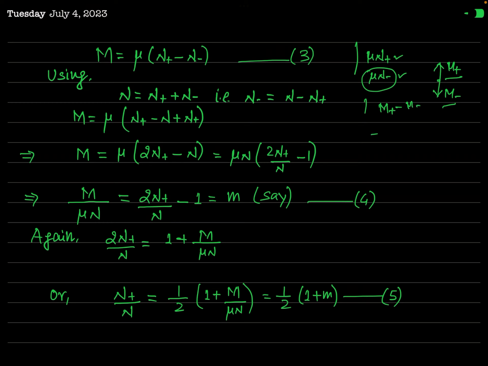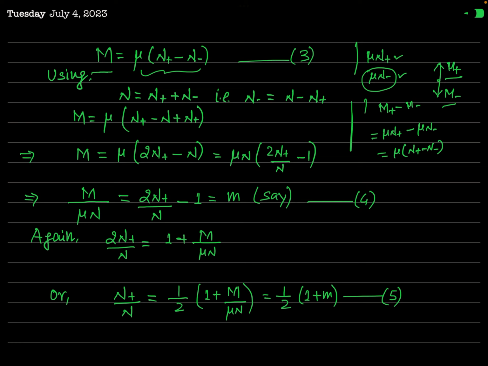But m plus will be mu times n plus, and m minus will be mu times n minus, so this will be mu times n plus minus n minus. So I have written here that the total magnetic moment m will be equal to mu times n plus minus n minus.